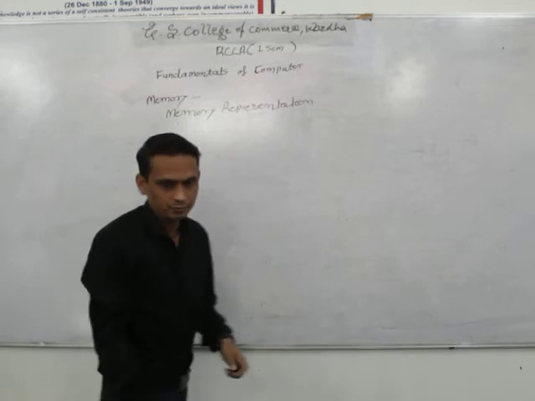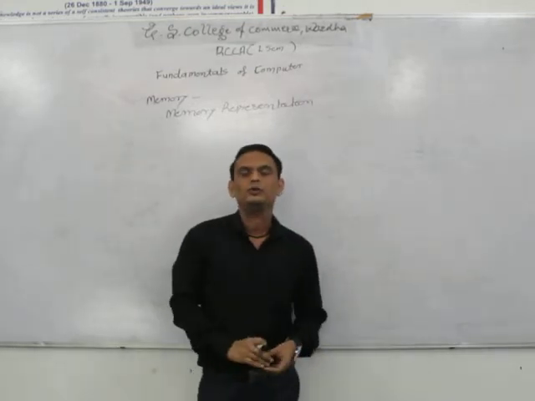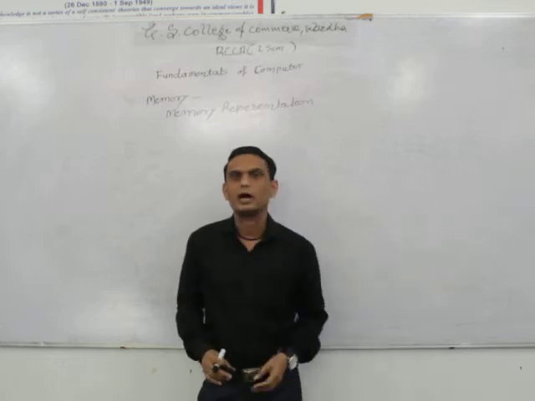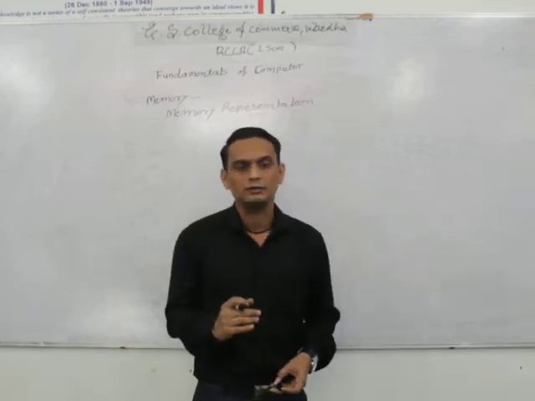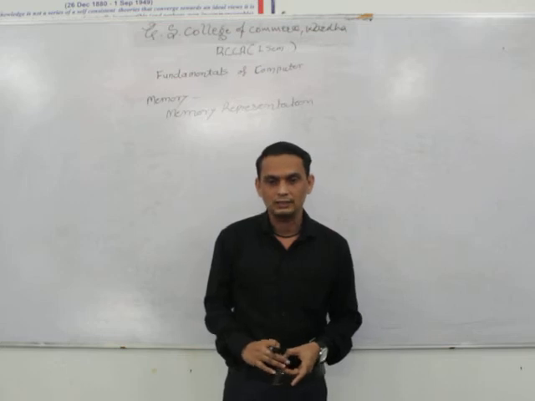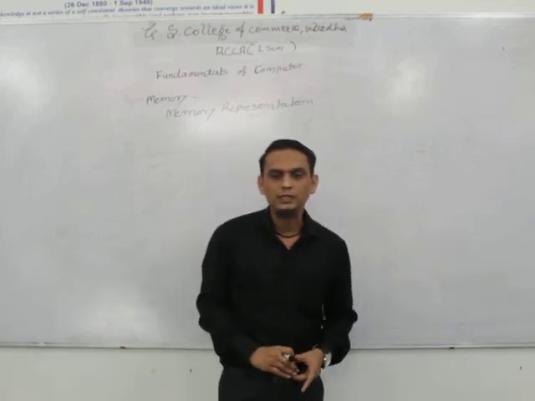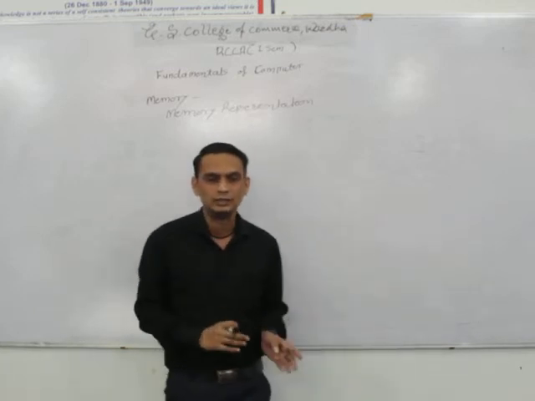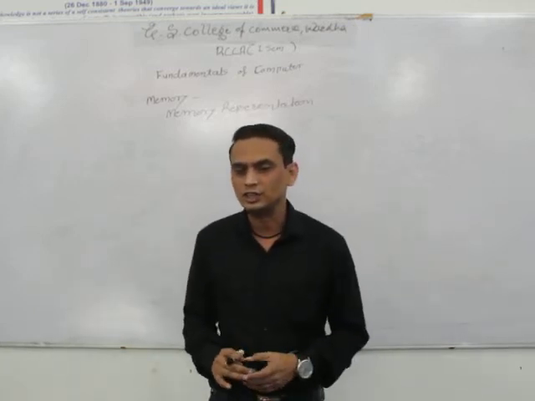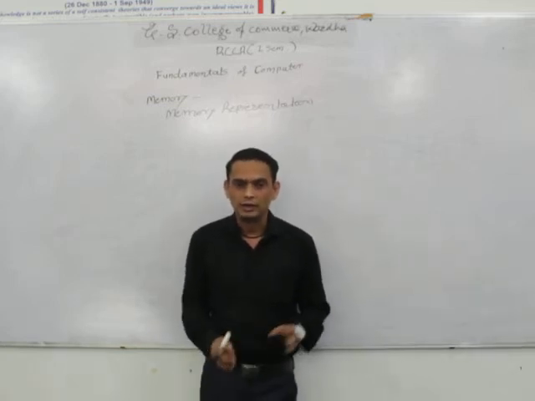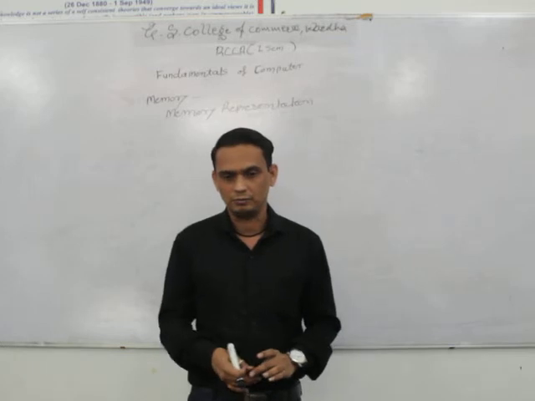computer system. By default, when we talk about the computer system, first memory or primary memory is our RAM, random access memory. Memory of computer is a place where we can store text, files, instructions, intermediate results, stored or executing programs.